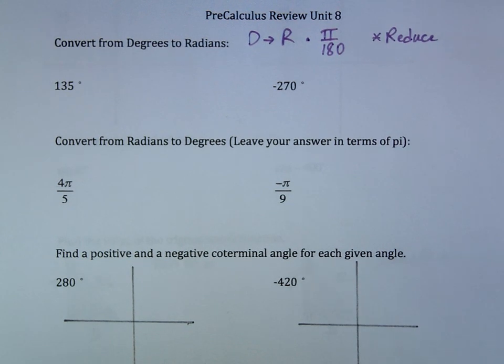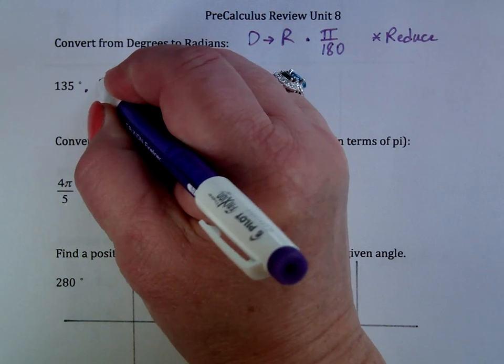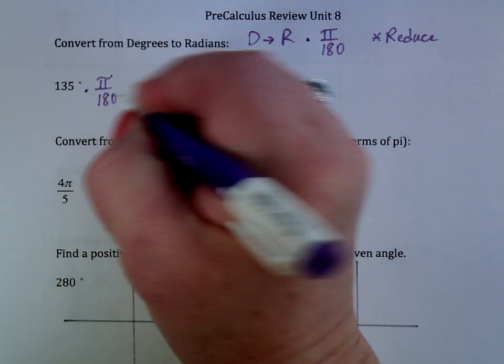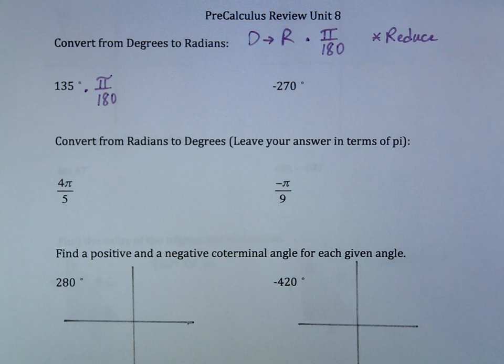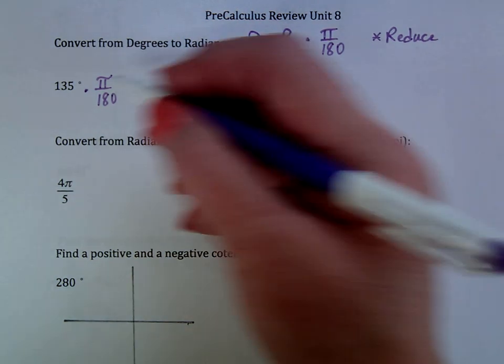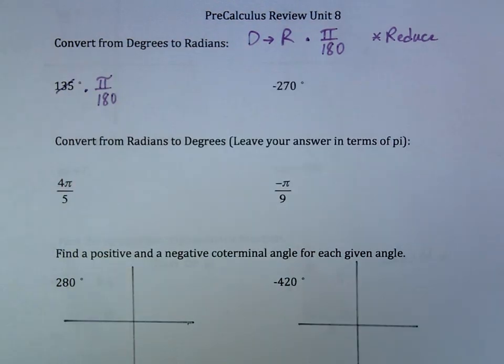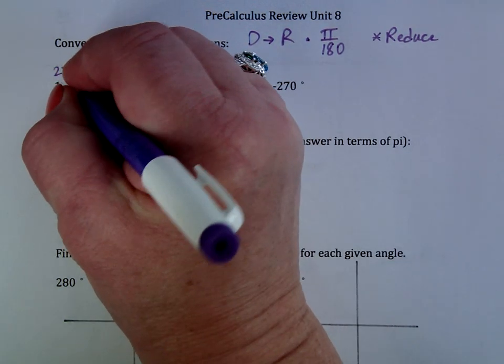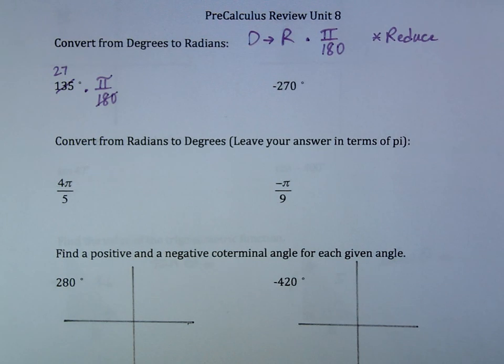If you look at 135 degrees and you want to change that to radians, you multiply by pi over 180, and then think of any number that goes into 135 and into 180. The first thing that comes to my mind is 5. 135 divided by 5 is 27, and 180 divided by 5 is 36. Then I see if anything else goes into 27 and 36, and 9 goes into both.